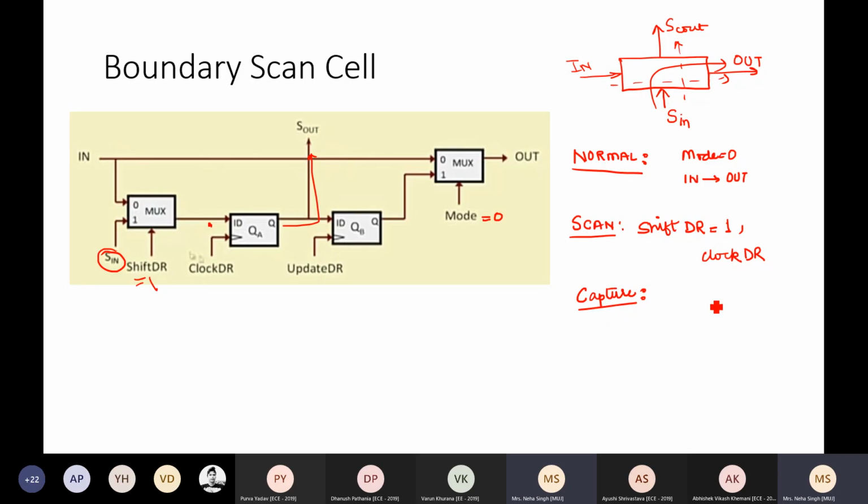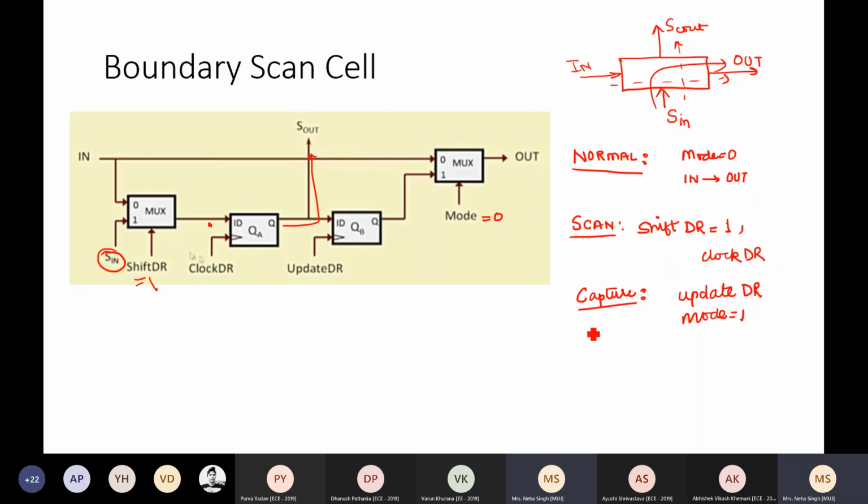So what do I need to do for the capture mode? When update DR is equal to 1, that is, this clock is equal to 1, the data will be transmitted to this QB, and then as soon as I have mode equal to 1, this data will be transmitted towards output, irrespective of my primary inputs D, right?